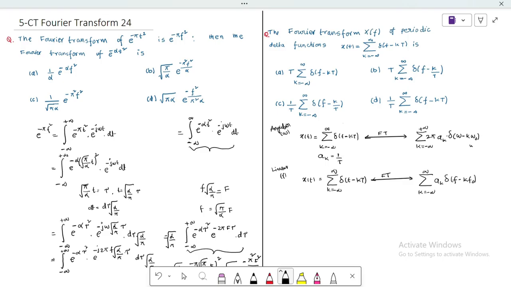Here omega naught equals 2 pi by T. Here f naught equals 1 by T.